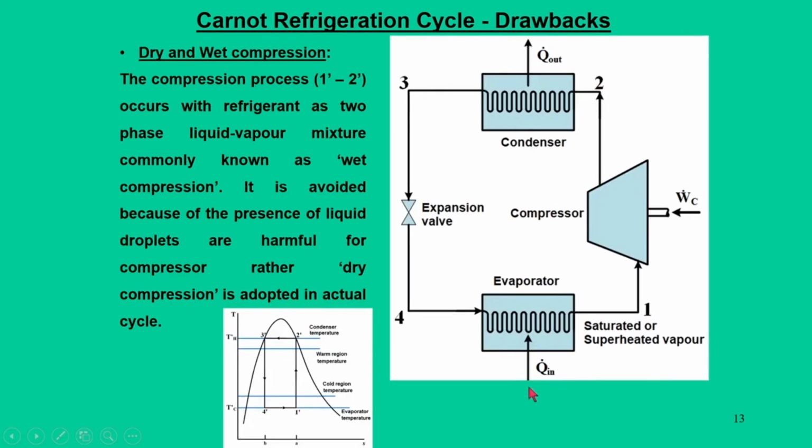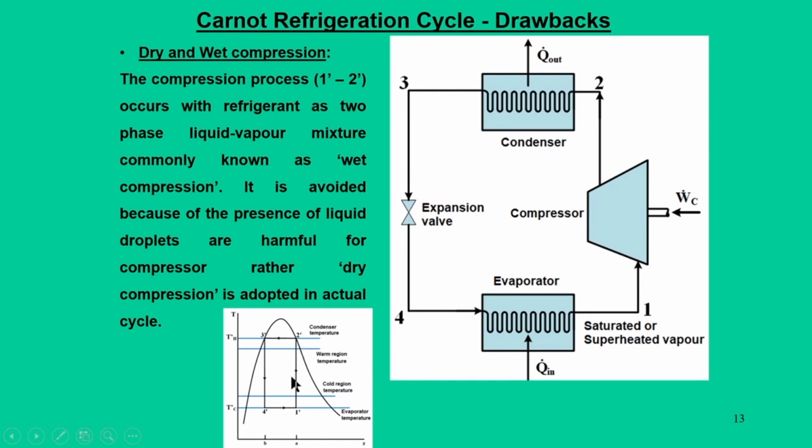Okay. The next point that I have mentioned is dry versus wet compression. If you look at this particular figure, after taking this heat, the refrigerant now enters the vapor region, and at state 1, in the vapor region, it enters the compressor.